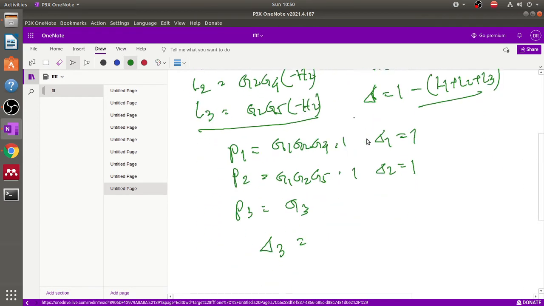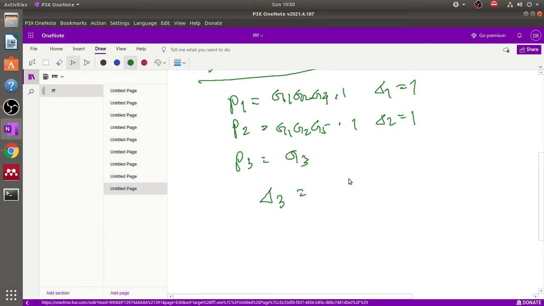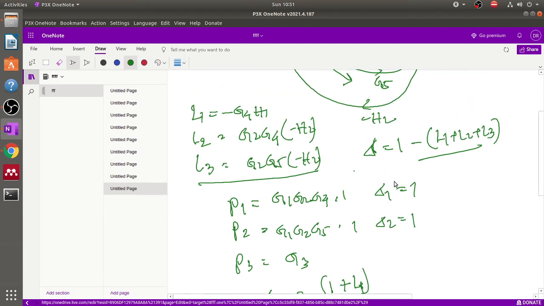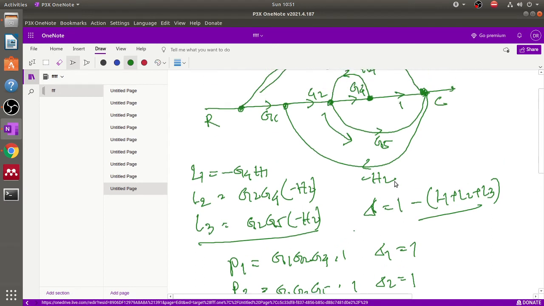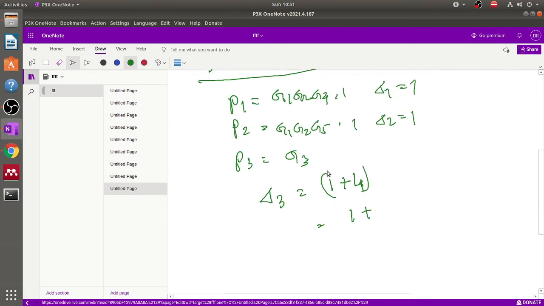So that's why here the value of delta 3, as we mentioned, is 1 minus that particular loop gain, minus G4 into H1, that means this is 1 plus G4 into H1.